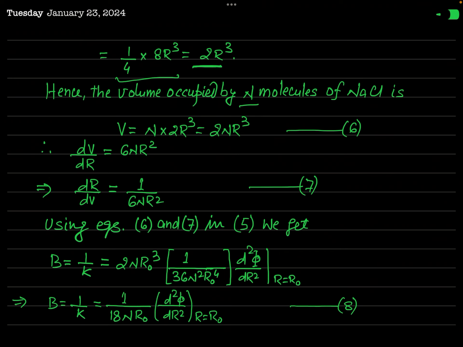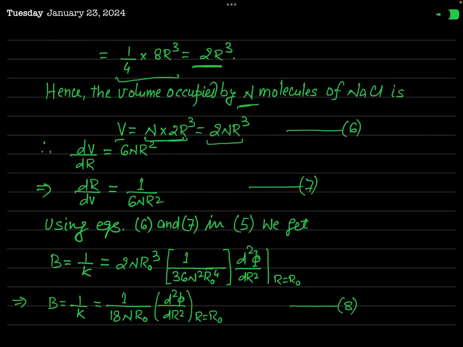So the volume of N molecules will be what? That will be simply N times the volume of each molecule, and the volume of each molecule is 2R cube. So volume V will be equal to N times 2R cube. Okay, and you can write it that V is equal to 2N times R cube.